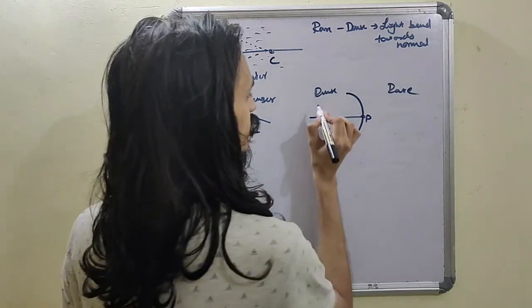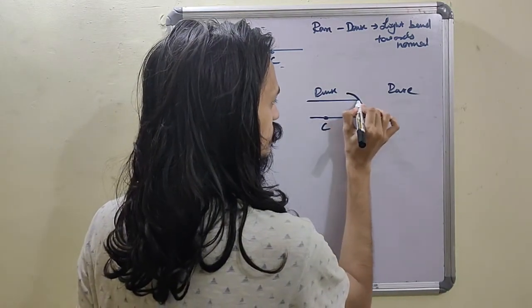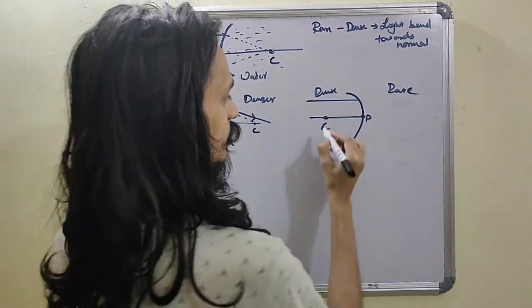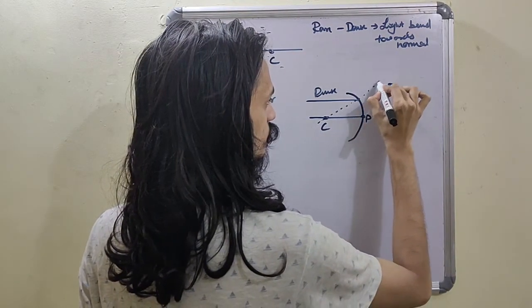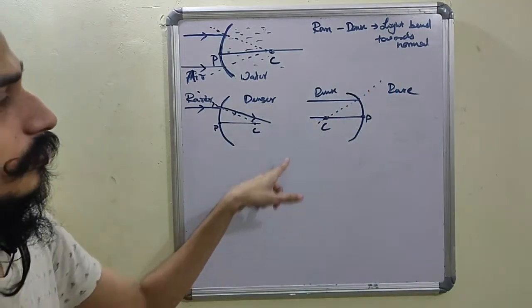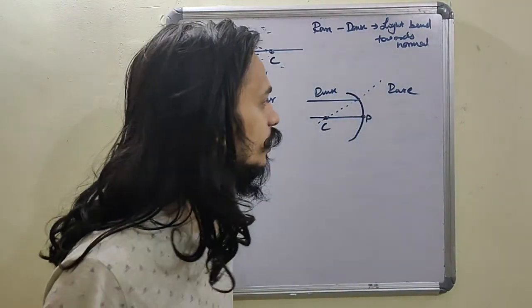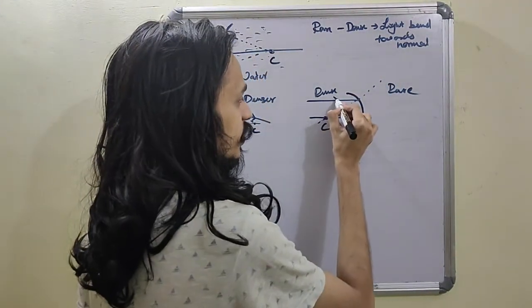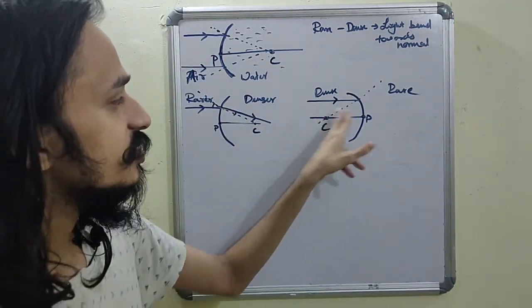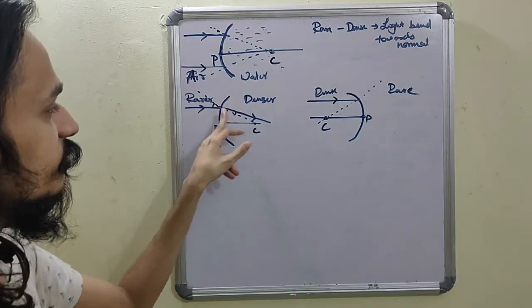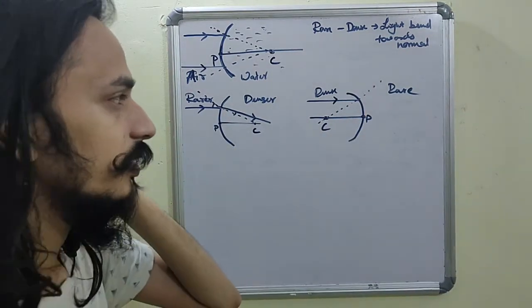Now if there is a ray of light like this, now this C, pole, the normal is drawn from there. Now what's happening is the light is going from dense to rare. Keep in mind the ray is still parallel to the axis. So here also parallel, here also parallel.